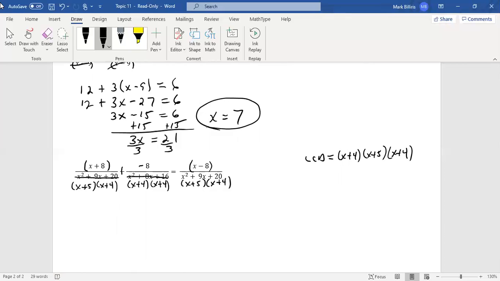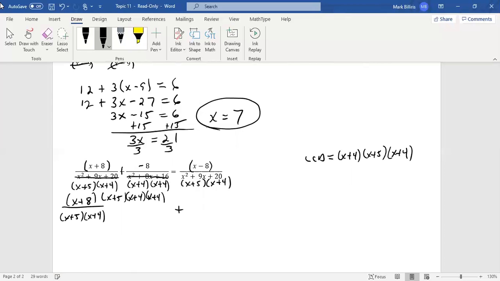So I'm going to take the x plus 8 over the x plus 5 times x plus 4 and multiply it by our LCD, which is x plus 5, x plus 4, and x plus 4.